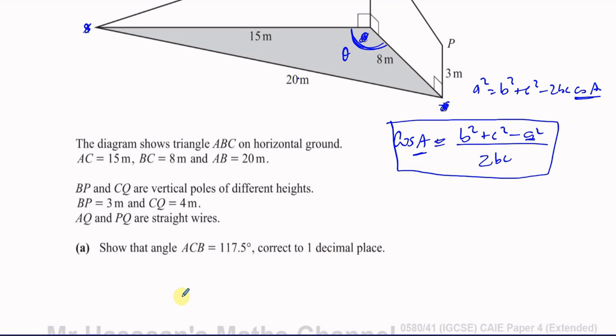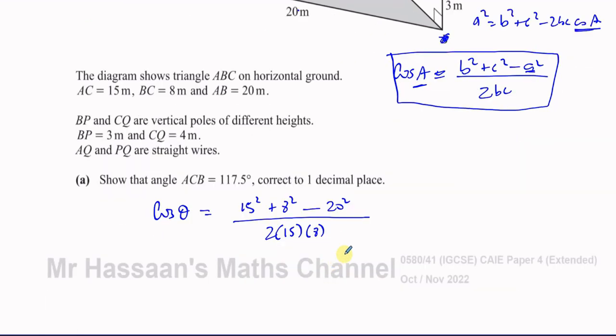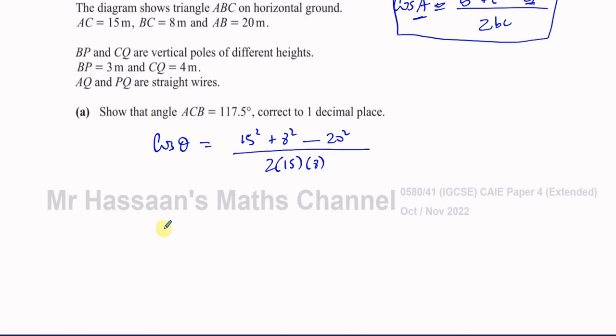Very, very important. So I can say that the cosine of the angle I'm looking for, which I've called theta here, is equal to 15 squared plus 8 squared minus 20 squared, the length opposite, over 2 times 15 times 8. That will be cosine theta. That's enough to show your steps.